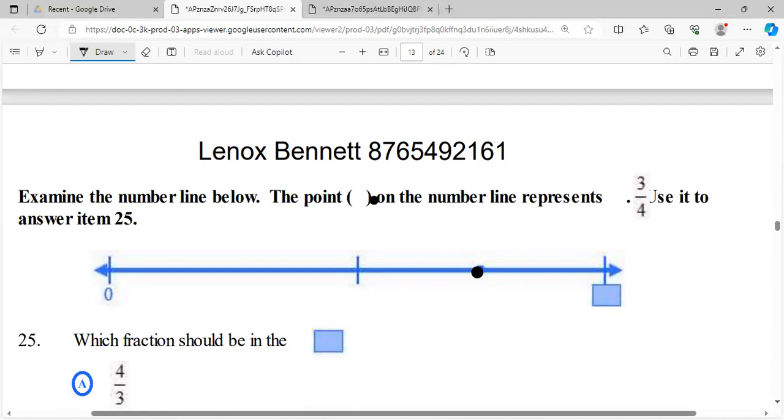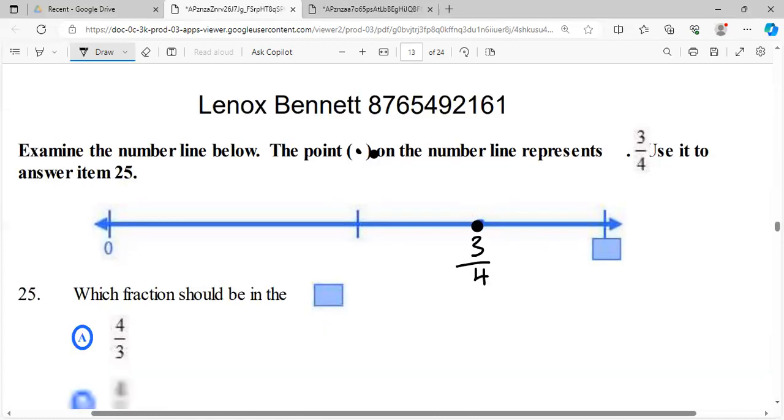Use the number line below. The point, I guess this should be in the bracket. We're going this way. And the number line represents 3/4. So this line here represents 3/4. Use it to answer the item. Alright. What fraction would be in the box?